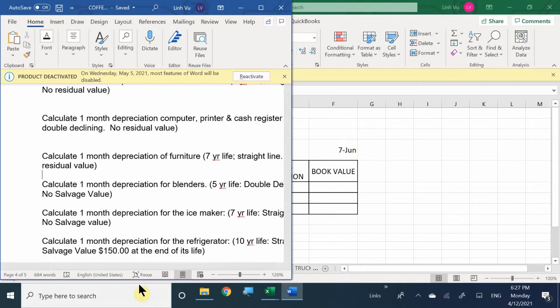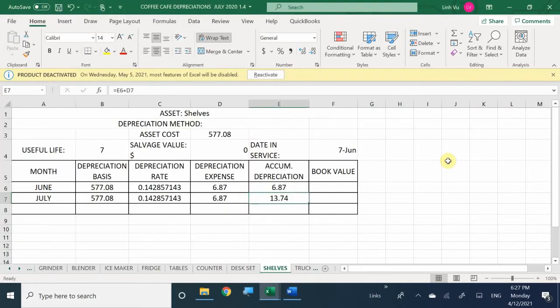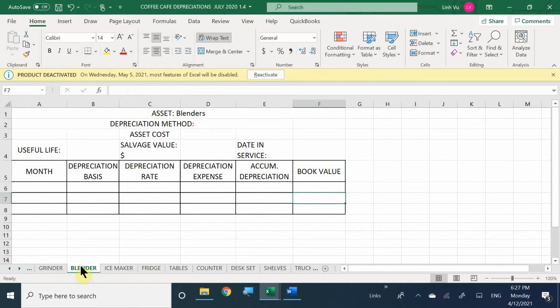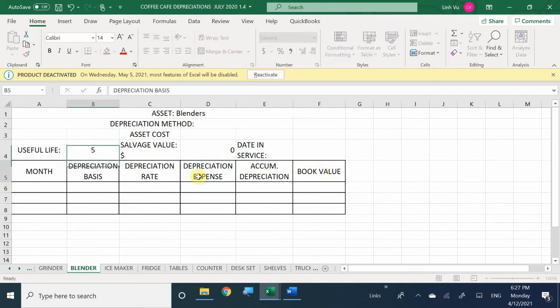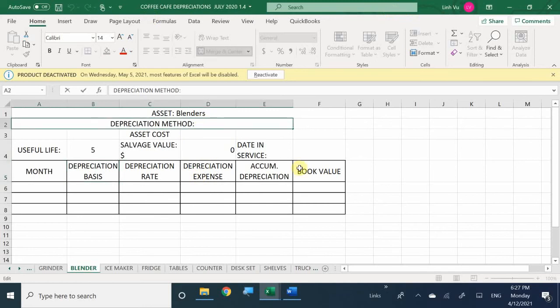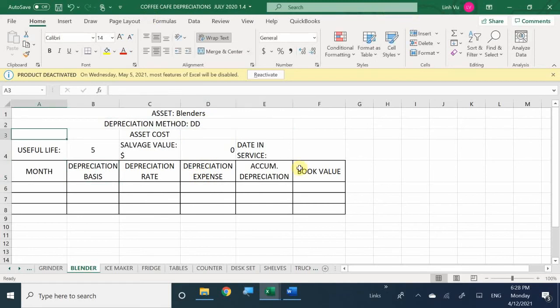So let's go ahead and find our blenders on the depreciation table. Okay, here we are, blenders. So we know for a fact that it should have 0 salvage value, and we know that it's going to be for 5 years. So double declining, all right? Let's go ahead and put our depreciation method double declining, so DD.